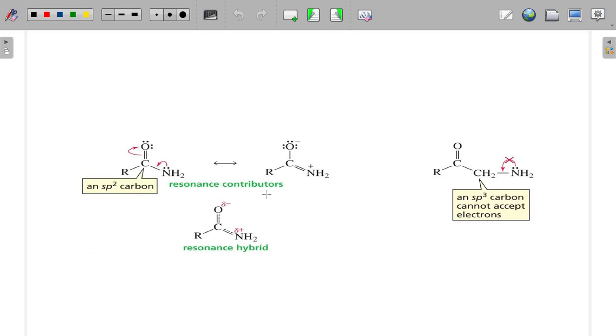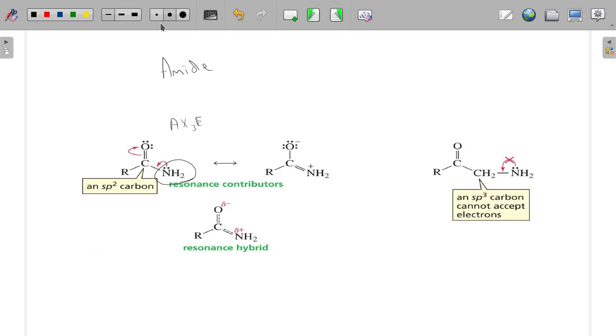Okay. The neat thing about our resonance contributors, we're going to find that the more we can draw, the more stable we have, but also we're going to see that they affect the physical structure of a molecule. Like what I have here is an amide, AMIDE, carbonyl attached to a nitrogen. And looking at that nitrogen, it would be easy for you to think that that must have a trigonal pyramidal shape because it's got 3 things attached to the nitrogen and a lone pair.